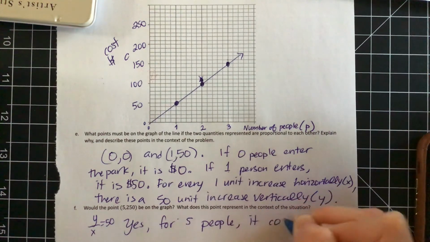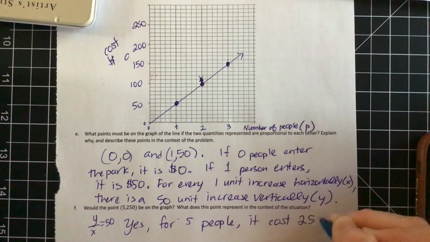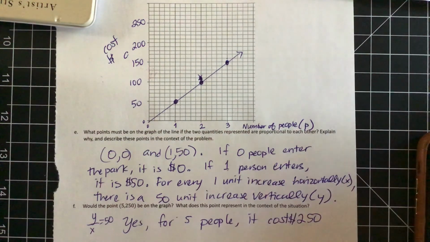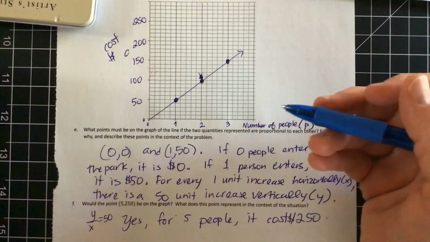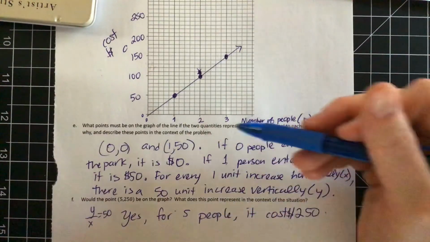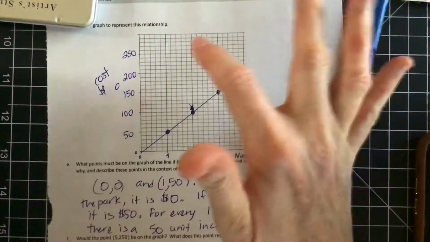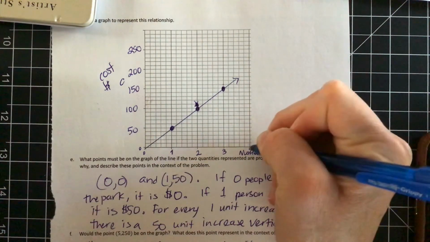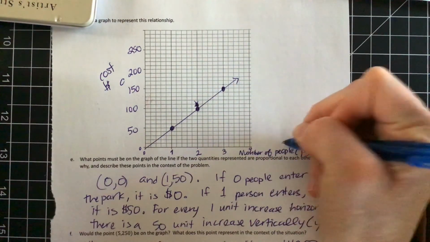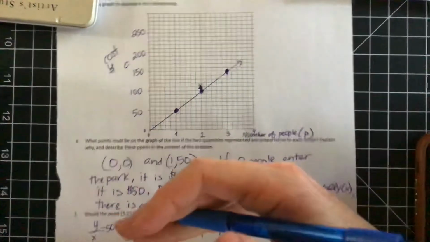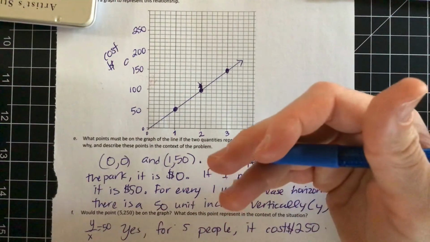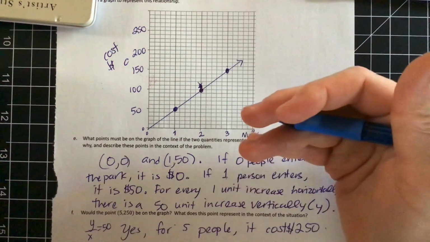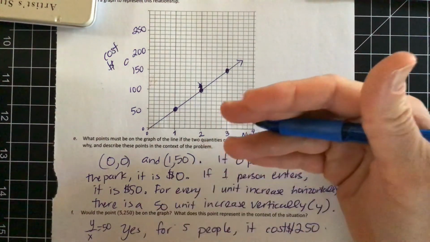It costs $250. And also, I realized that you might have this question. It is not literally on our coordinate plane. That point is not, because we only could go to 4 if we were to stretch it out here, not 5 people. But when there's a question like this, it's just asking, is it going to be on the graph of this equation, of the situation?